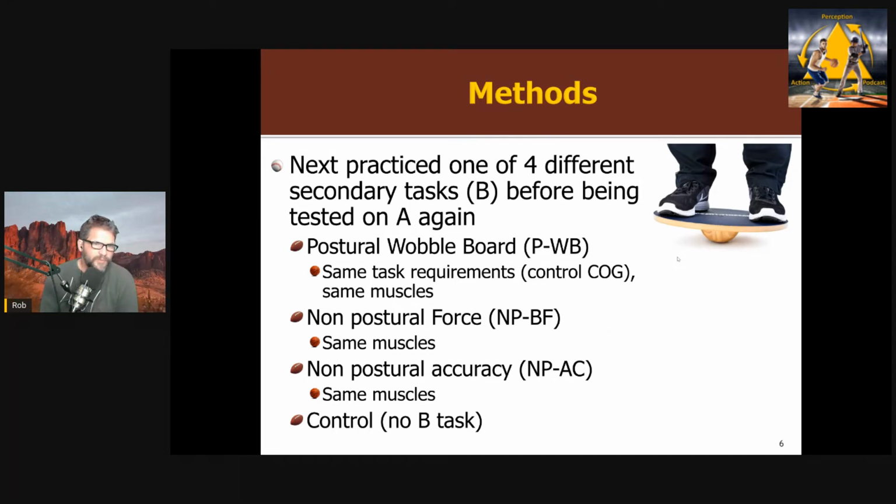And then the fourth group was a control group that just rested, right, between the two attempts at doing the A task of the lab balance board, right? So as I said, very strong design and choice of control groups. Choice of control groups is always a hard thing to do in motor learning research, but I think this is particularly strong. So it allows us to rule out some possibilities.